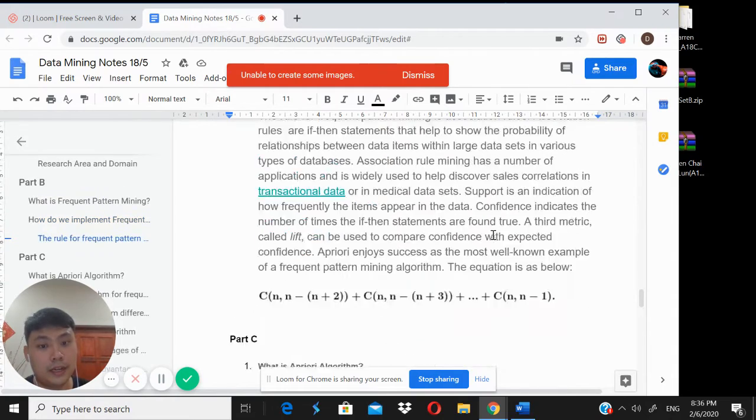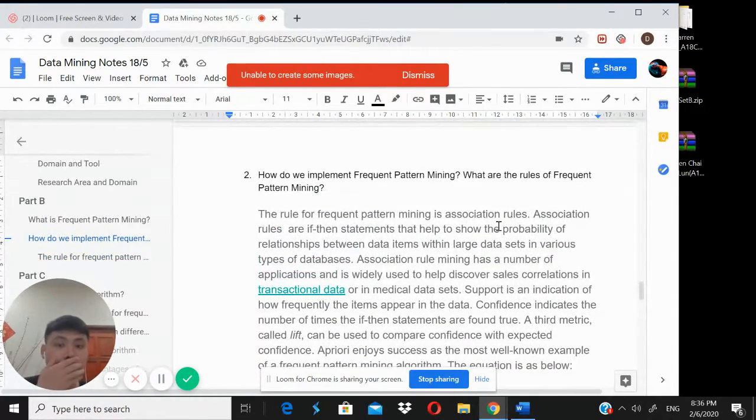So in conclusion, frequent pattern mining uses the rules of association, and it helps us find specific items within a large sample size, and find out how closely, how relatedly, or how frequently it is connected to the other item set.